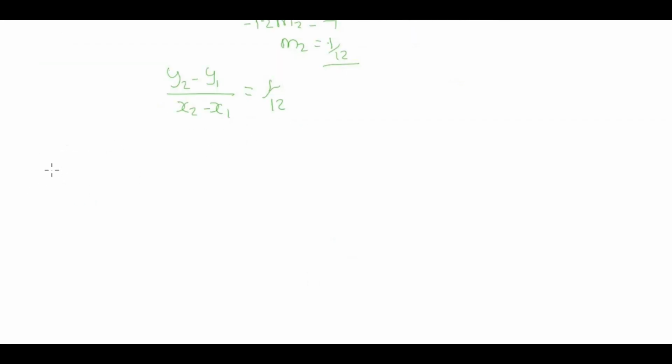At the point (1, −1), it is (y2 + 1) over (x2 − 1) equal to 1 over 12. Let's remove the 2 since we have one y, there's no need of putting y2. Let's just use y and x.